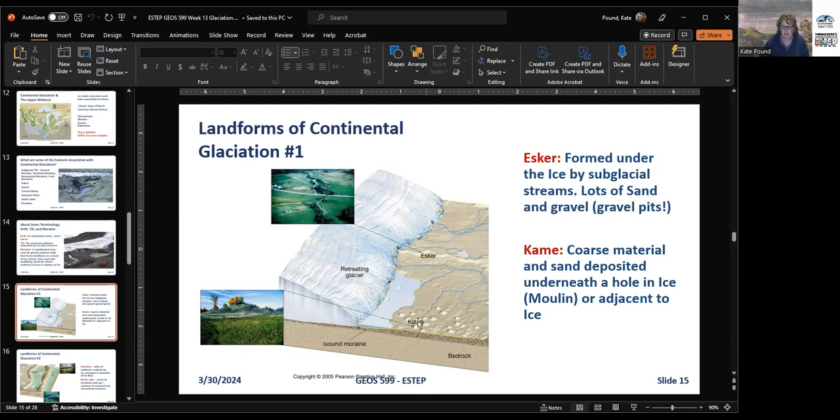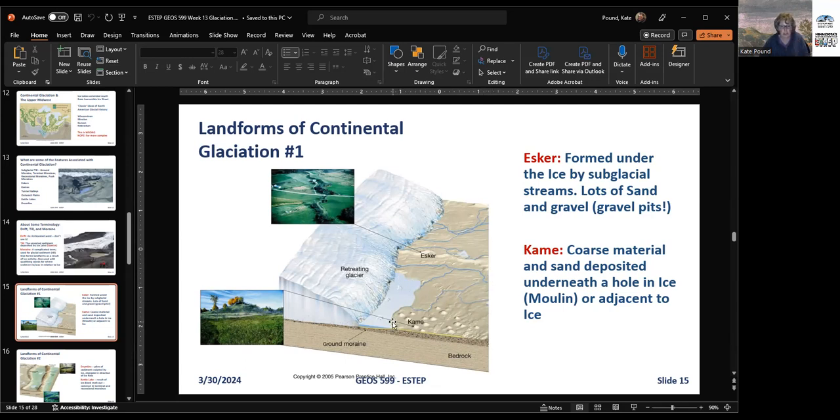Another type of feature is a kame. And kames come in all sorts of flavors, so to speak. So technically a kame is coarse material that may include some sand that is deposited underneath a hole in the ice. So imagine the ice extended all the way across here.